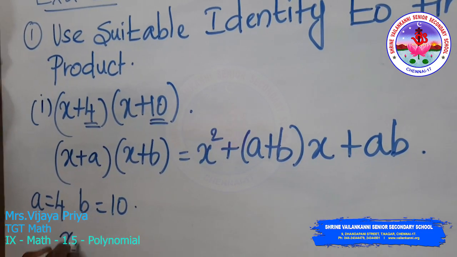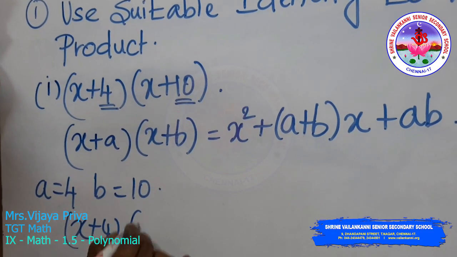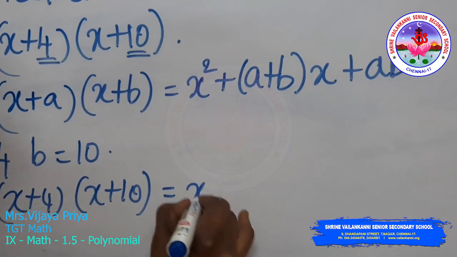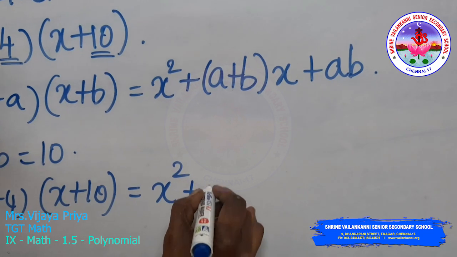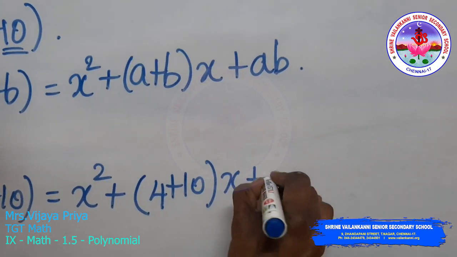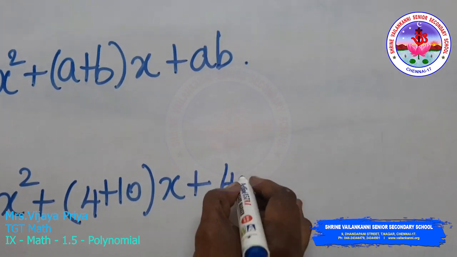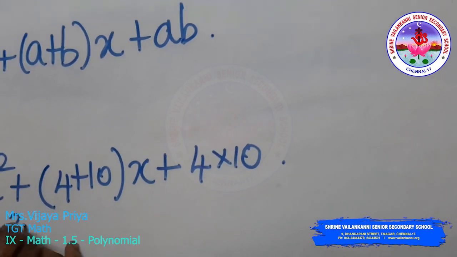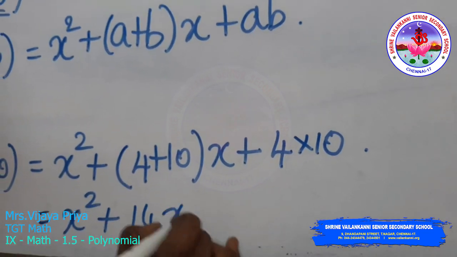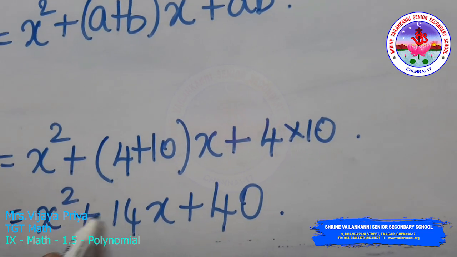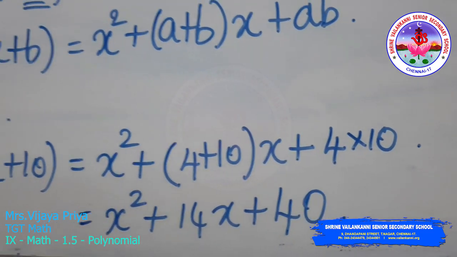So (x + 4)(x + 10) is equal to x squared + (4 + 10)x + 4 into 10, which is equal to x squared + 14x + 40. Thus I got the product as x squared + 14x + 40.